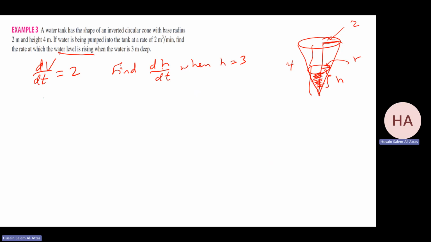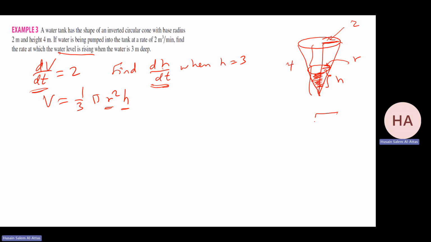So I have the volume of the cone, which is 1/3 πr²h. But I want to relate the rate of change of the height with the rate of change of the volume. But I have two variables here, r and h. So I need to change r into h. I need to write the function V in terms of h only.